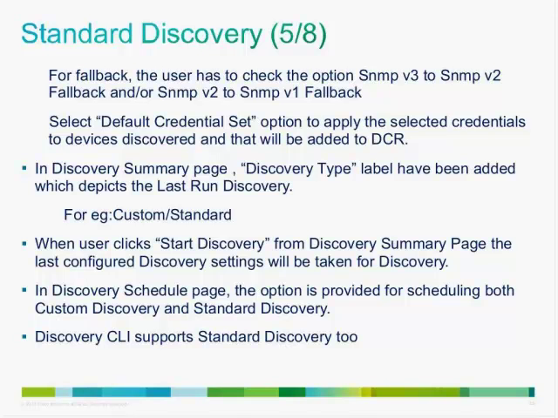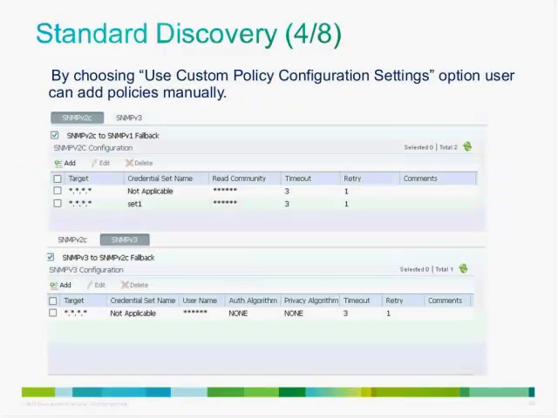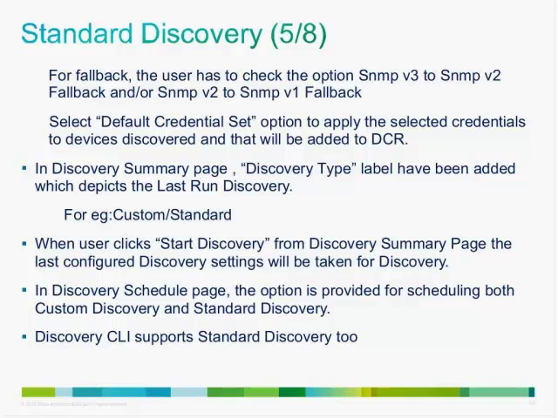For networks that have newly implemented SNMP v3, and are also running SNMP v2, but whose preferred option is SNMP v3, they can enter SNMP v2 and check the box for SNMP v3 to v2c fallback, so that in case SNMP v3 fails for a device, CiscoWorks can still use SNMP v2 credentials to communicate to them.